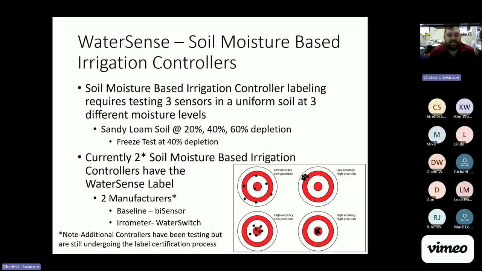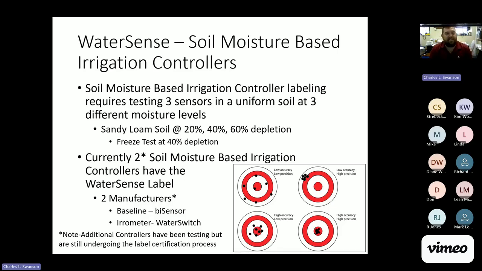They put these sensors in a standard soil and test them at different moisture contents: a wet condition, a dry condition, and a condition in between. They verify that the controller and the sensor can recognize 3 different moisture contents at those different conditions. Then the user sets their own defined threshold of how wet or dry they want the soil to get between irrigations.